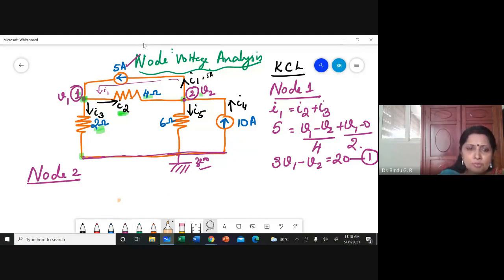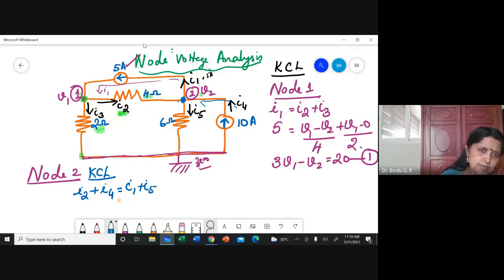Okay, hope you have written. In node 2, check whatever you have written is correct or check whether I am writing correctly. At node 2, if I apply KCL, Kirchhoff's current law, I2 is going to the node, I4 is also going to the node. So I2 plus I4 is equal to I1 plus I5.